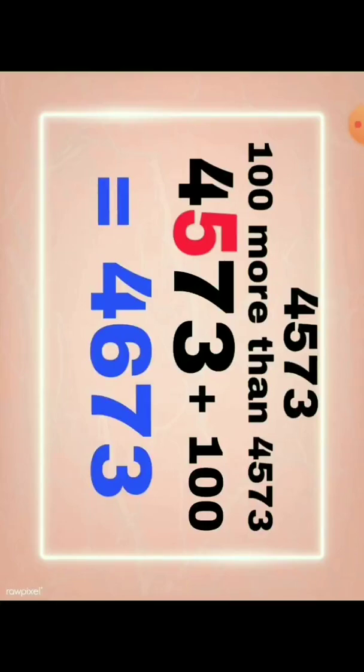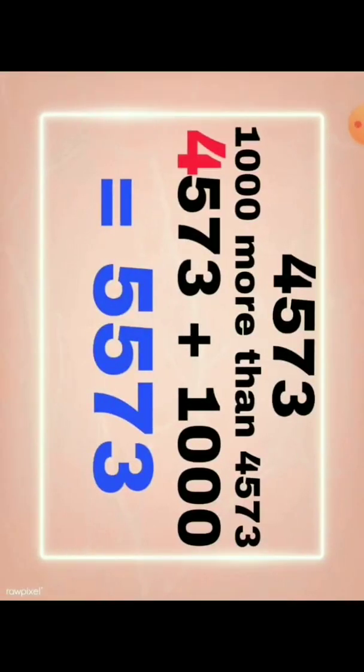So 1 is added to the 100's place of this number. In this number 5 is on the 100's place, like 3 is on the 1's place, 7 is on the 10's place. That's why 1 is added to 5. So we get 6, and that's why we get the number 4673.